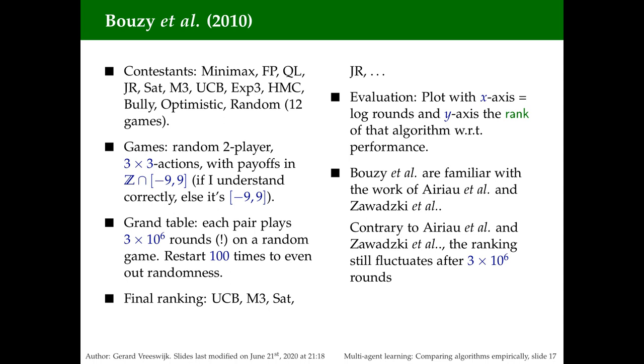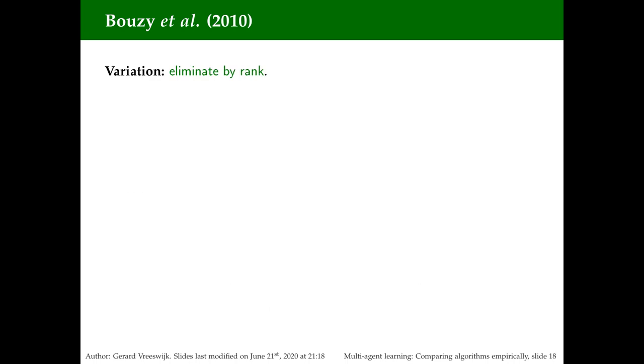And curiously enough, contrary to the work of Orio and Sawatzky, the ranking of the algorithms still fluctuated after 3 million rounds. So that's quite astonishing. That means that one has to test far beyond some horizon to arrive at the final ranking of learning algorithms.